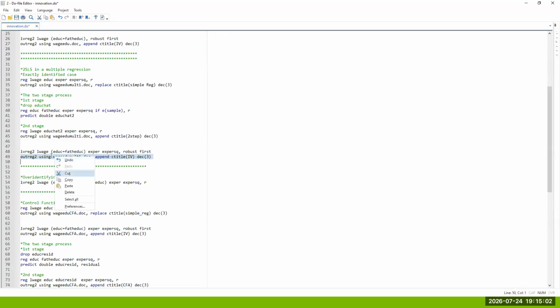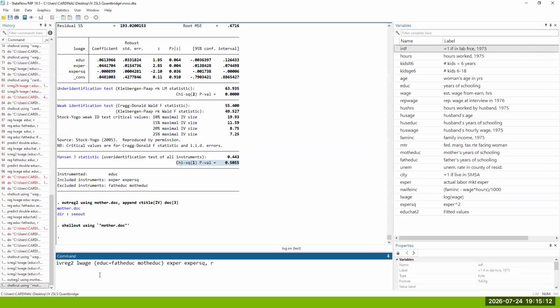This ivreg2 command, this. So we introduce the father's education. If you don't have this command, please install. It's just ssc install ivreg2.